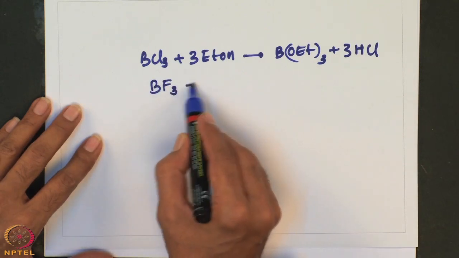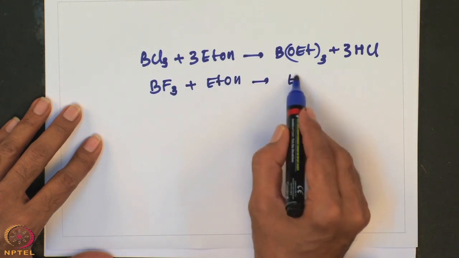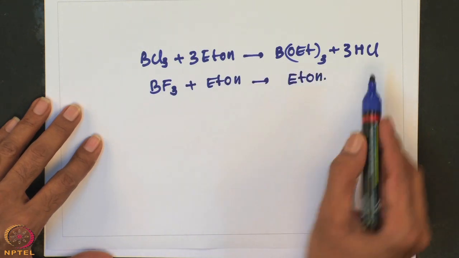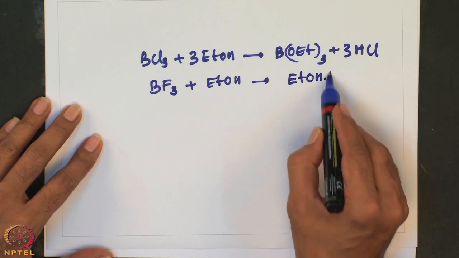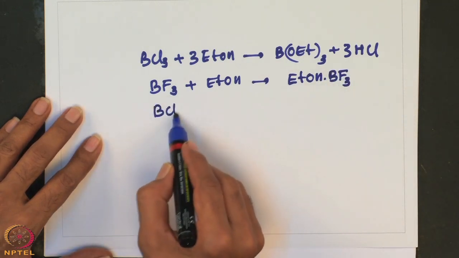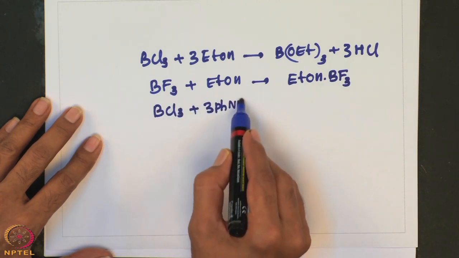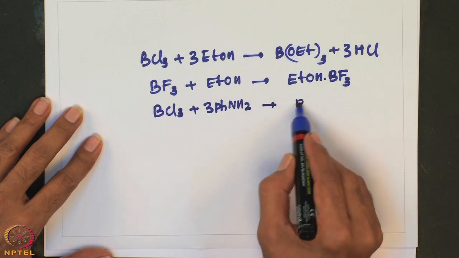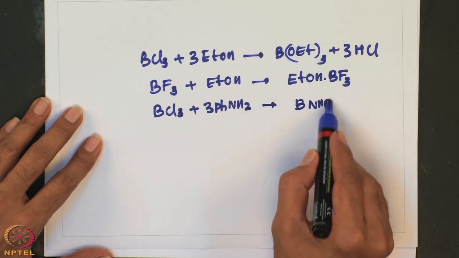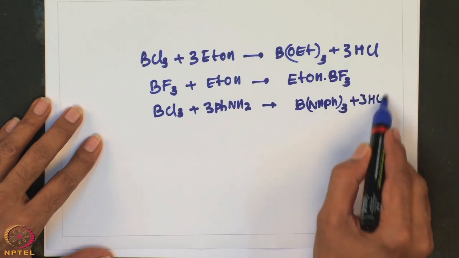BF3 plus EtOH gives an adduct; there is no nucleophilic substitution, it gives only the adduct. And BCl3 plus 3 PhNH2 gives B(NHPh)3, so again nucleophilic substitution, plus 3 HCl comes out.